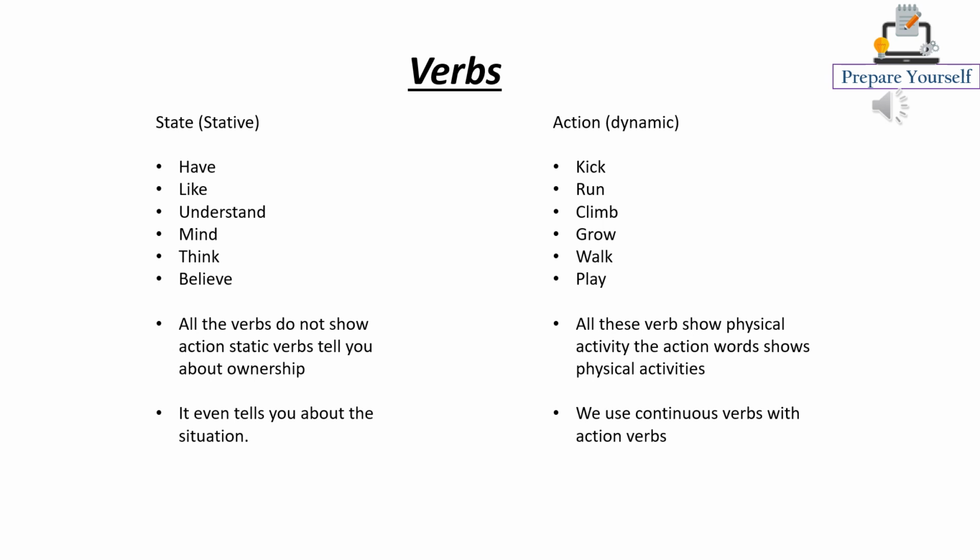These words do not show actions. These words show ownership and situation. Whereas action words, that is dynamic words, kick, run, climb, grow, walk, play, these words show physical action or activity going on. In the next slide, we will have a look at these words with a few sentences and understand the difference.